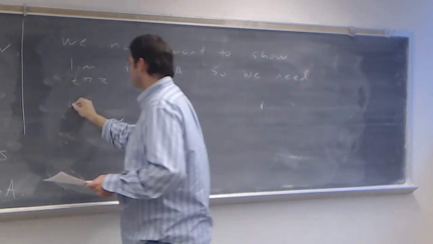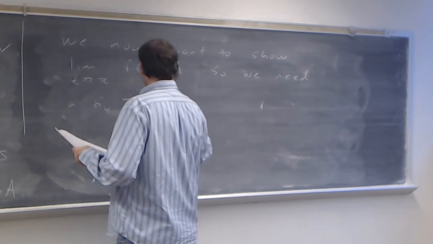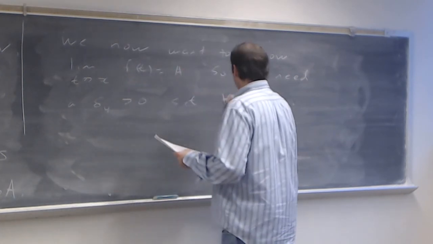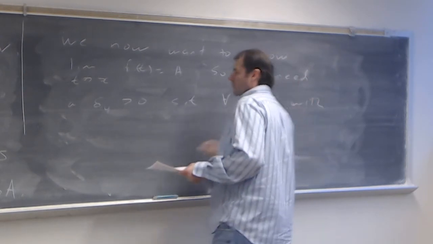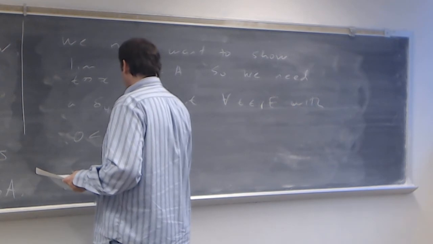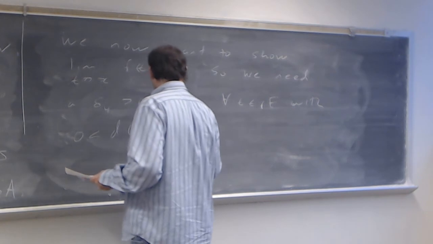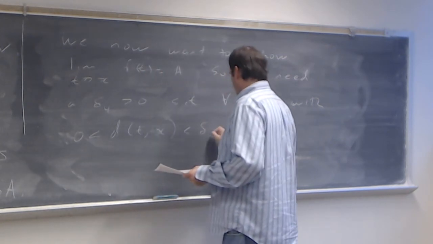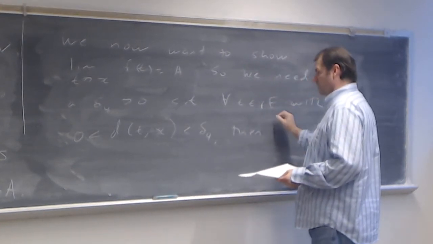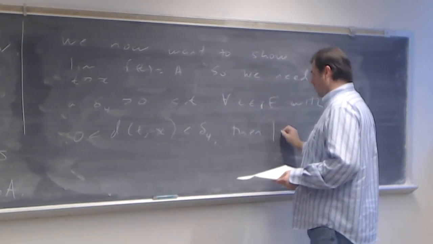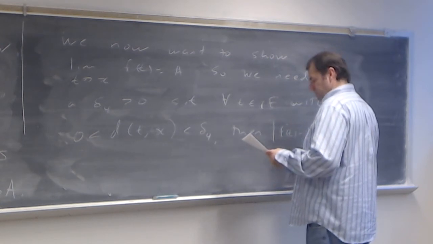We need a delta, I'll say sub 4, since we've been given epsilon already, greater than 0, such that for all t an element of E with 0 less than the distance between t and x less than delta sub 4, then the absolute value of f of t minus A will be less than the epsilon that's been given to us.